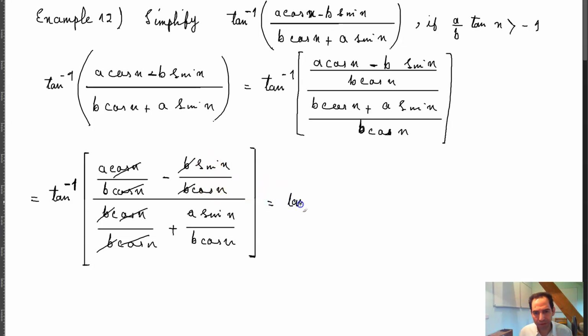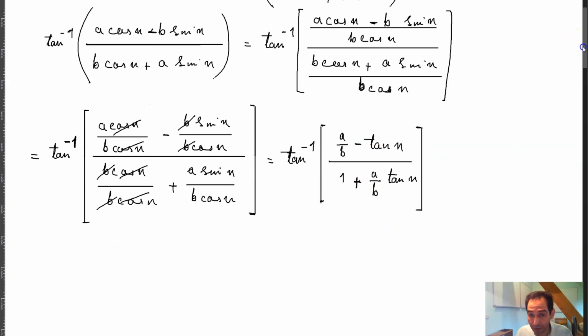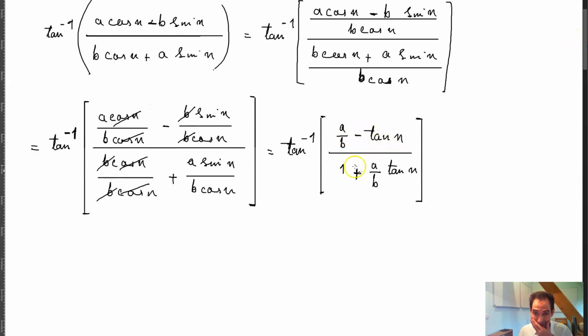So you have the tan inverse of a by b minus tan x, and over here you have 1 plus a by b tan x.